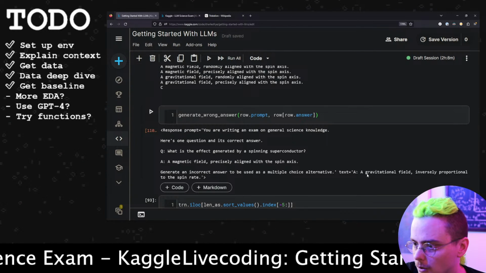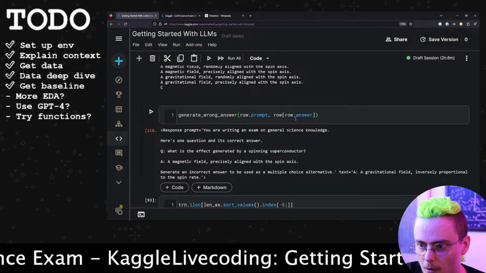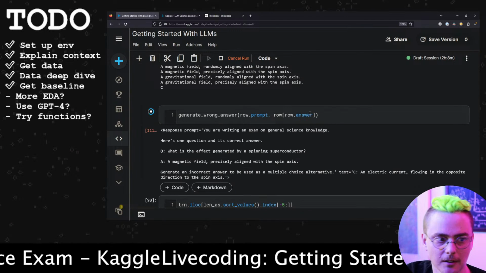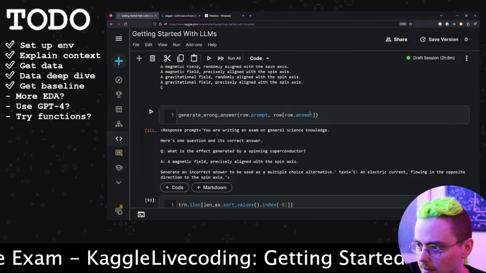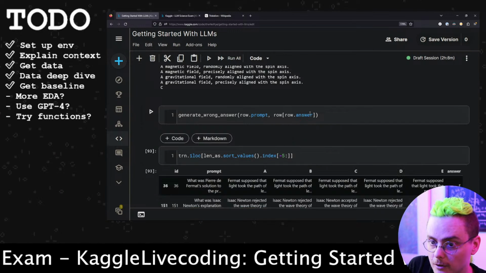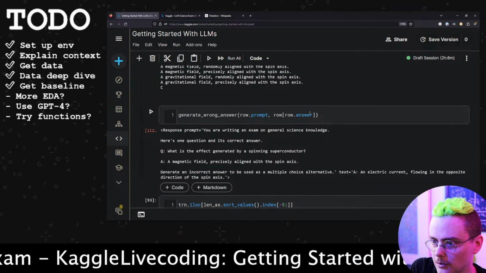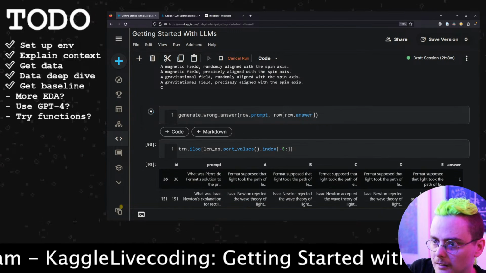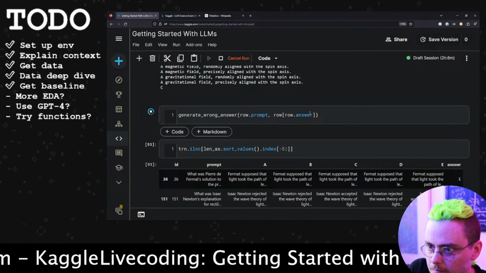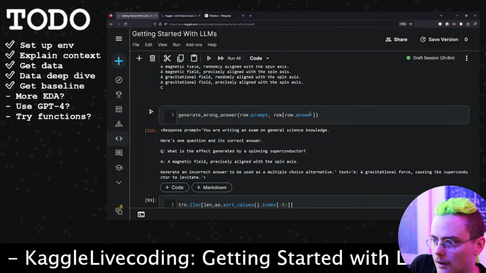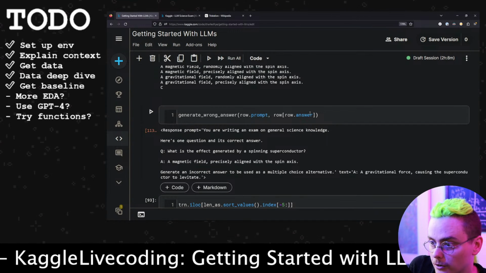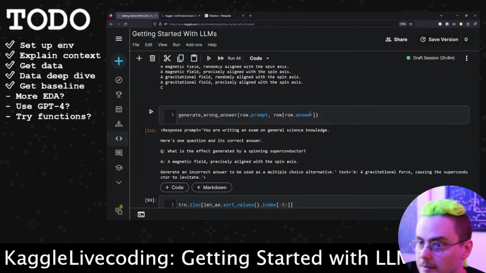All right, so we still have the problem of the formatting possibly being different from time to time. So let's keep running it and seeing. Electric current flowing in the opposite direction of the spin axis. It likes that one, definitely. A gravitational force causing the superconductor to levitate.